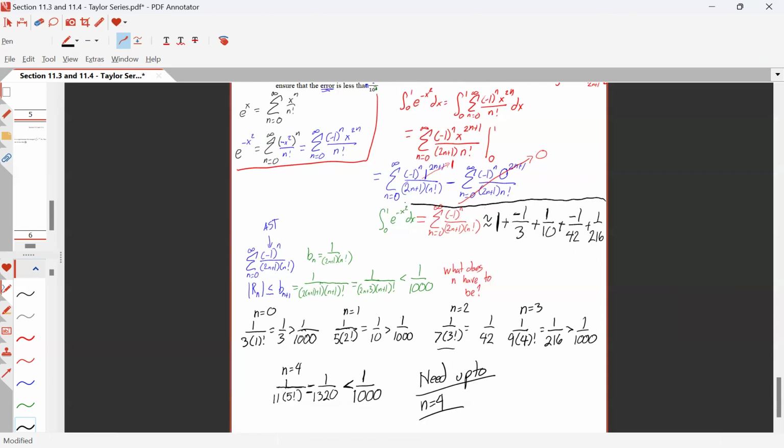So we can approximate this integral with reasonable accuracy by using Taylor series. Taylor series become very useful as they ultimately are working with polynomials rather than functions that we might not be able to integrate or easily take a limit of. So Taylor series, very helpful.